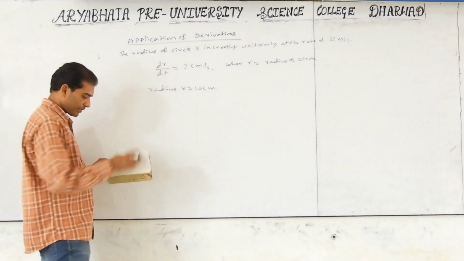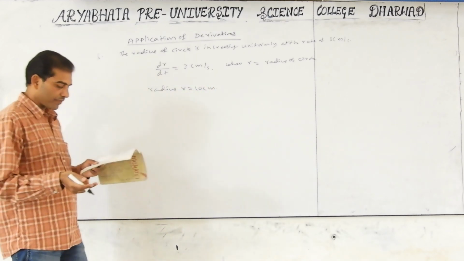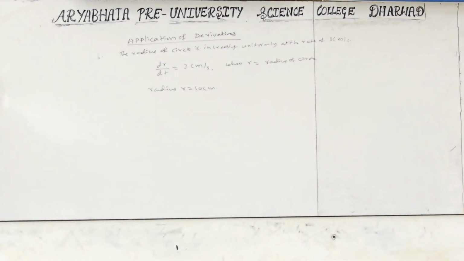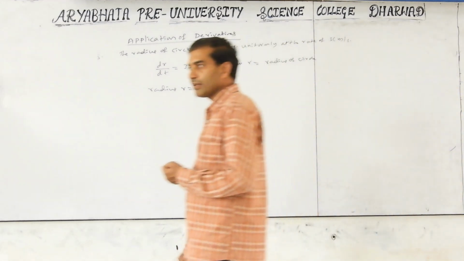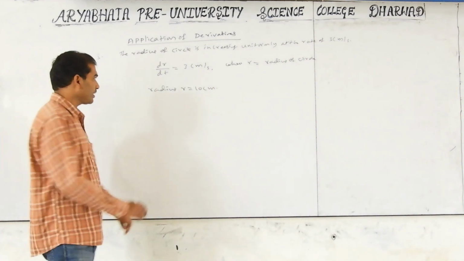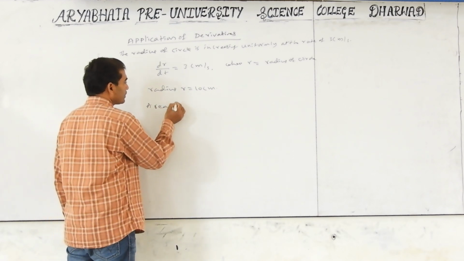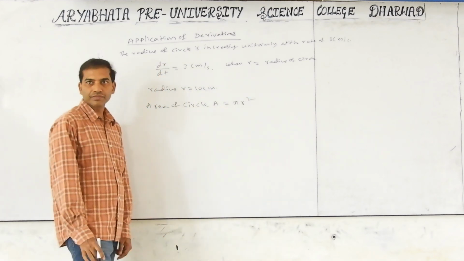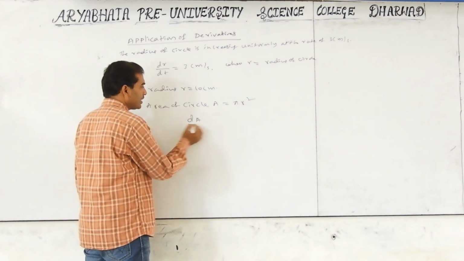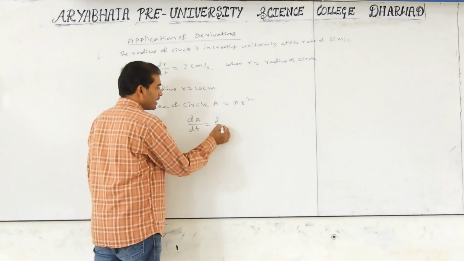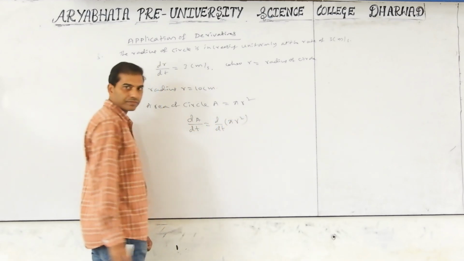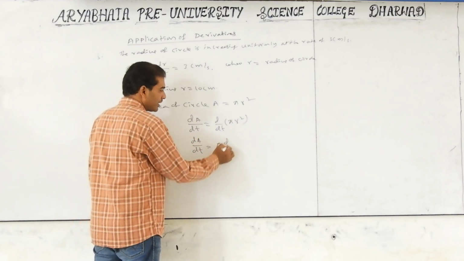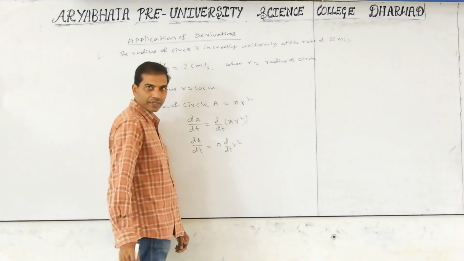Given that, we are going to find the rate at which the area of the circle is increasing. Area of the circle increasing means we should find the rate of area, and rate of area means dA by dt. So the area of the circle formula is A equal to pi r square. Now we should find dA by dt. Apply d by dt of pi r square. dA by dt equal to pi, a constant, into d by dt of r square.